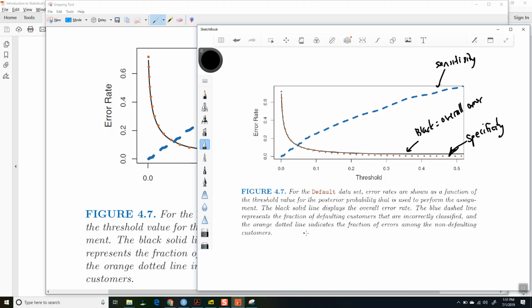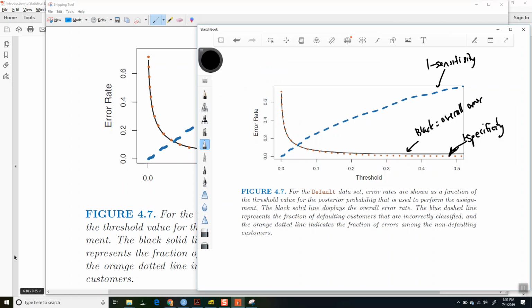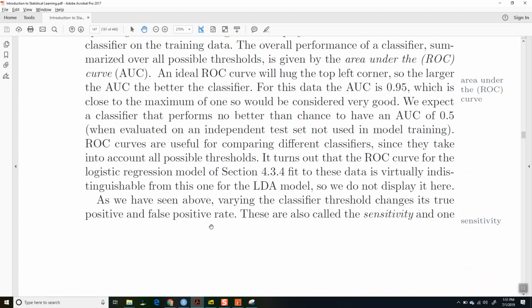I guess technically this is 1 minus the specificity, and this is 1 minus the sensitivity. All right, so you have those diagrams.